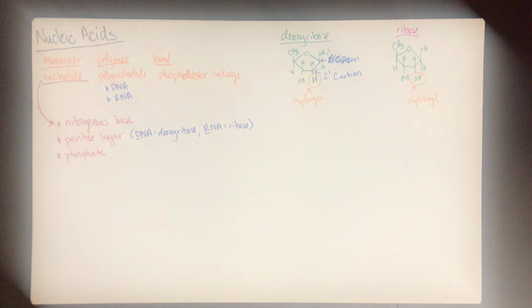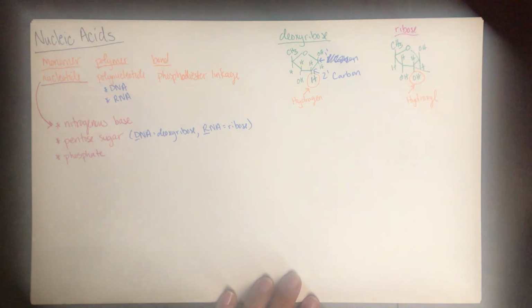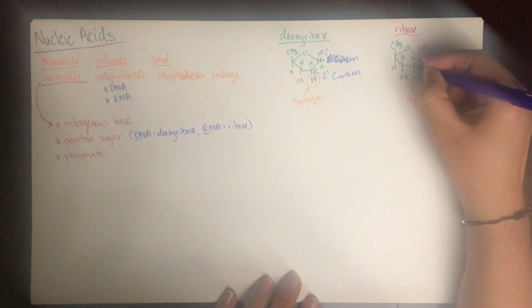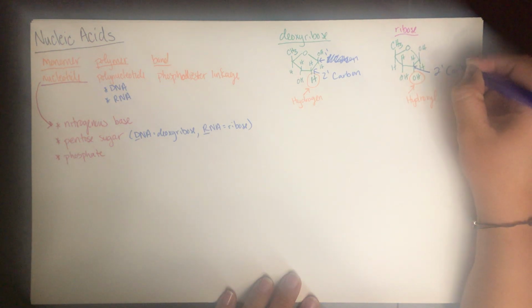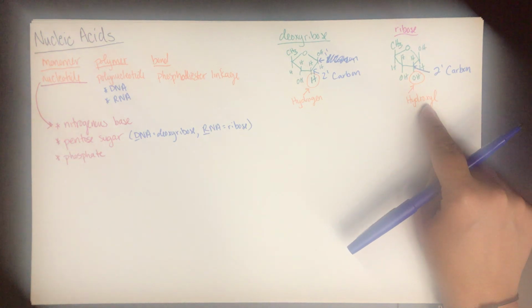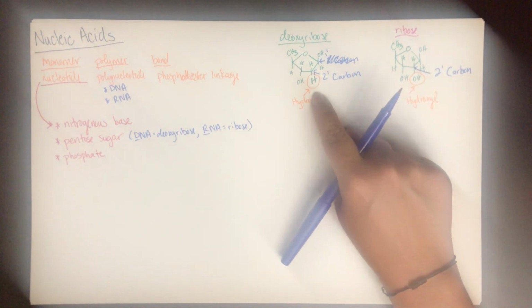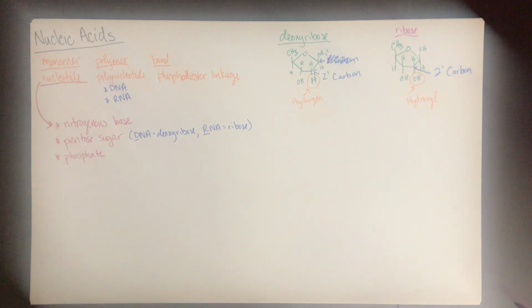So this is the difference between deoxyribose and ribose. This right here is the first carbon, this is the second carbon. We call it the 2' carbon. So if there's a hydroxyl on the 2' carbon, it's ribose. If there is not and just a hydrogen on the 2' carbon, it is deoxyribose.